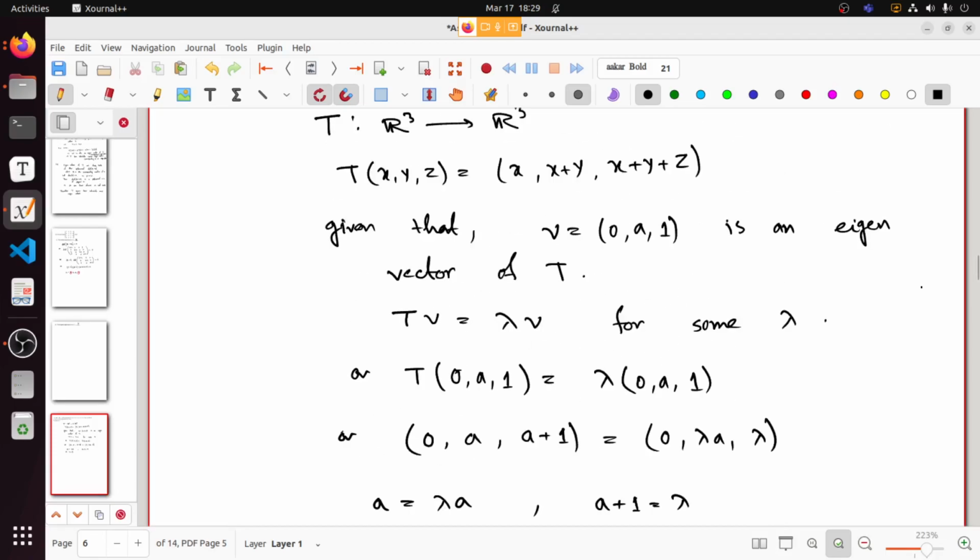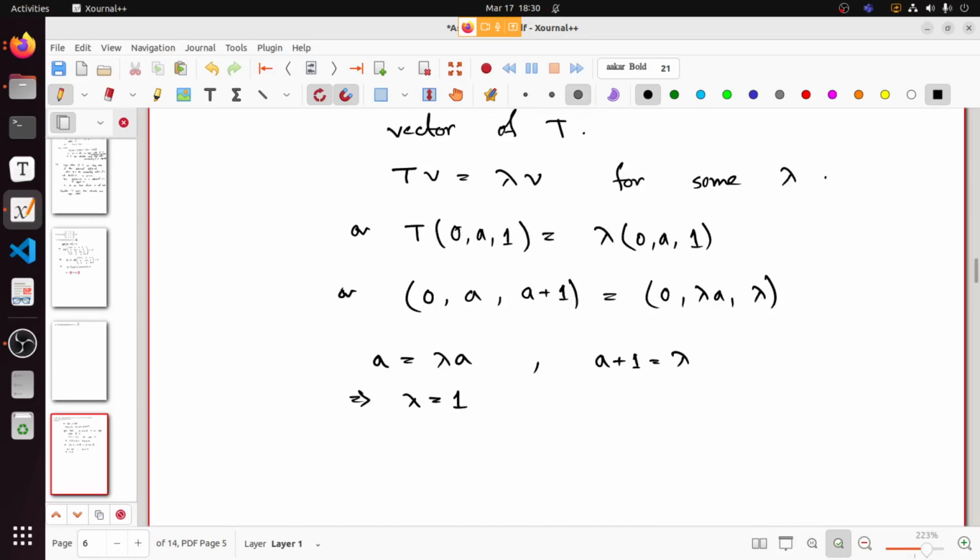What happens if a is 0? So if a is non-zero, otherwise, let's put it here. So from here what you will get? So a times lambda, if you put a plus 1 times a, right?